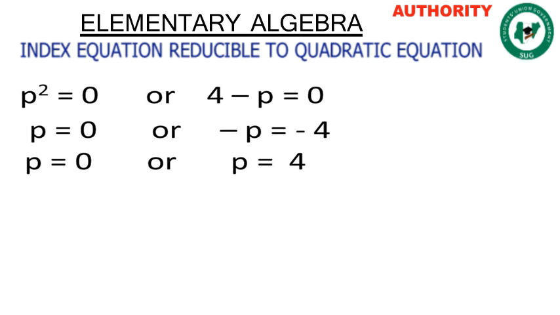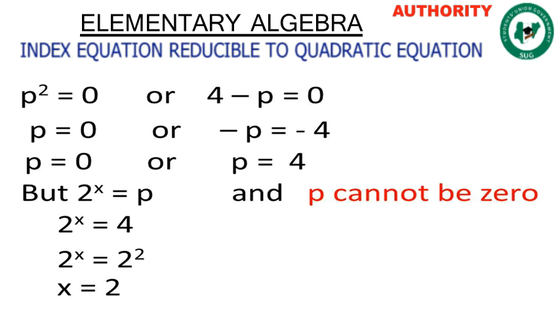Now you remember that we said let 2^x equal to p. And then you discover that p can never be 0 and p can never be negative in our solving. So let's work with the second value. So we'll have 2^x is equal to 4.